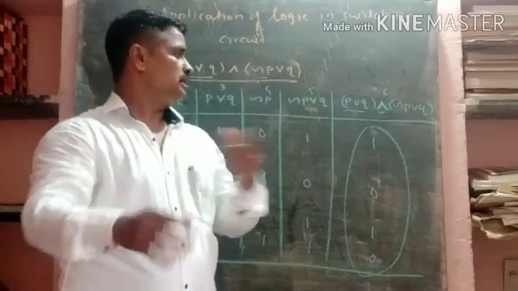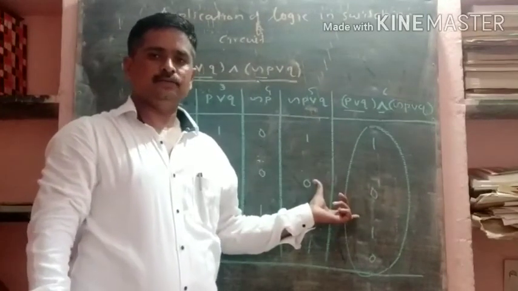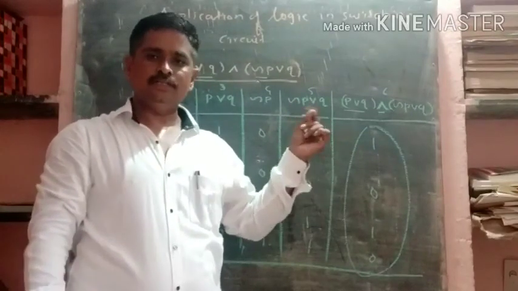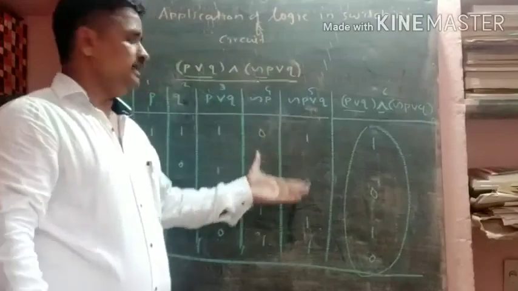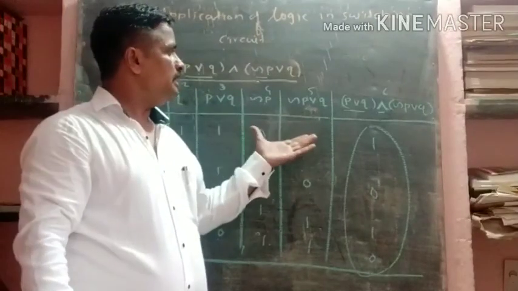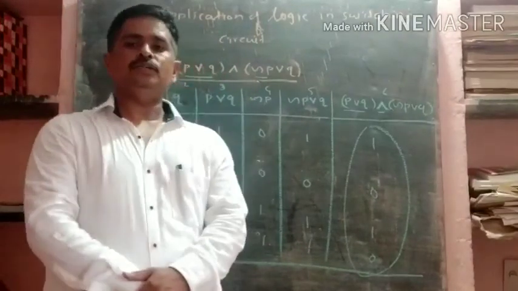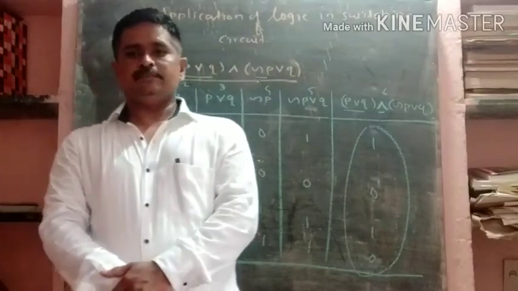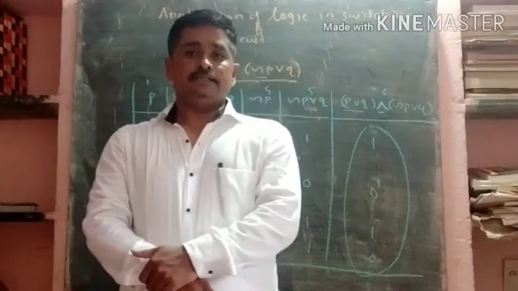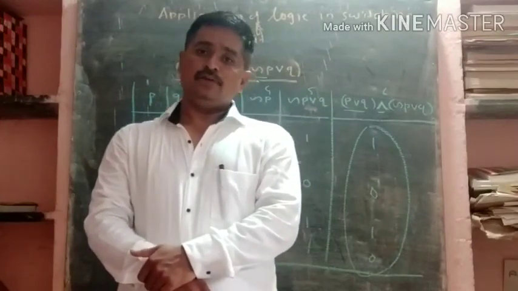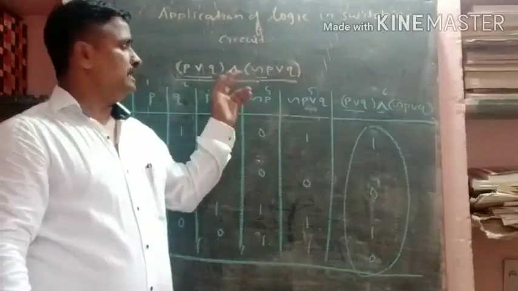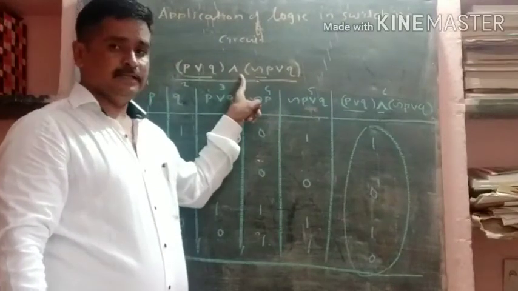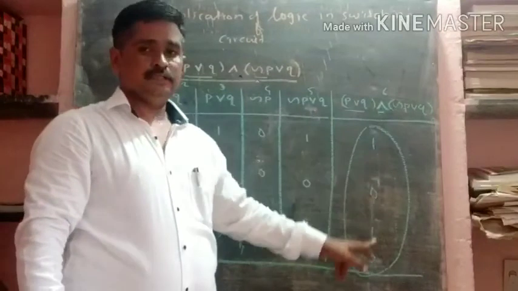So this is the basic idea to construct a truth table or switching table of any logical statement. With the help of this, we can construct a switching table of any logical statement.